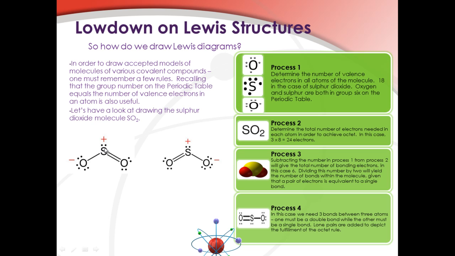So therefore we need to put in a lone pair of electrons to make sure there's 8 electrons around the sulfur atom here. In the case of the oxygen here, this is a sharing of 4 electrons, and we add another 4 electrons to make 8 electrons around the oxygen here. And in the case of a single bond here, that's 2 electrons shared, so we need 3 lone pairs in order to achieve octet for the oxygen. And this is the structure of sulfur dioxide.